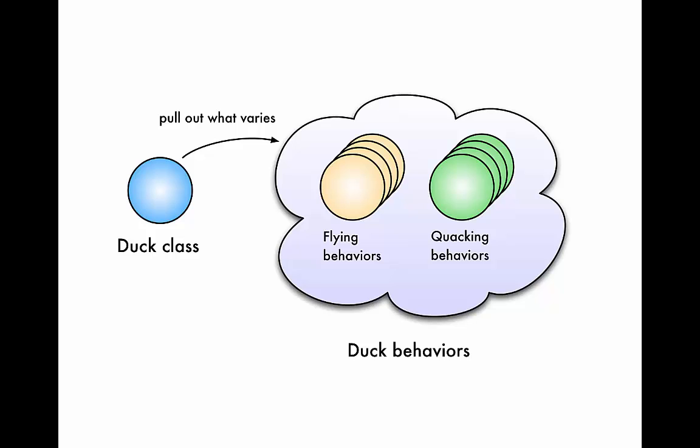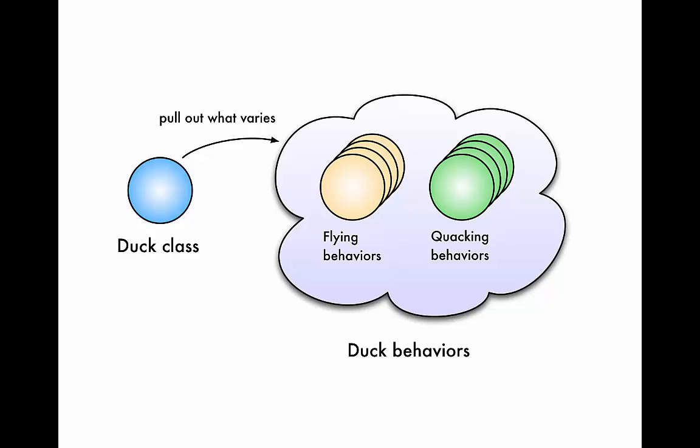Each flying class will contain the implementation of a single method, fly, and each quacking class will contain the implementation of a single method, quack. Since all of our flying classes will implement the method fly, they effectively implement the same interface, an interface with the single method signature fly.